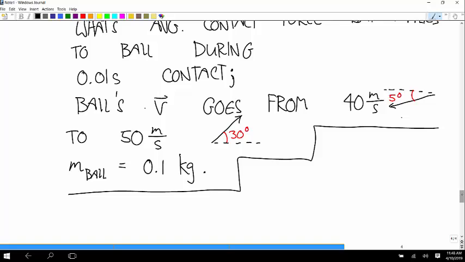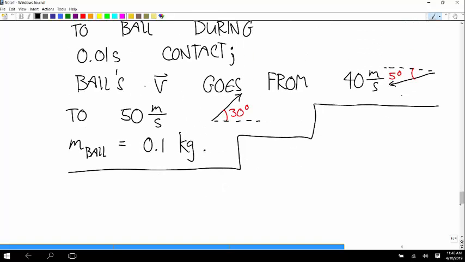Notice that over these short duration impacts, this average force is going to be pretty big. And in cases like this, a lot of times we'll just leave the weight out of the problem. The net force is the contact force applied to the ball plus the weight of the ball.